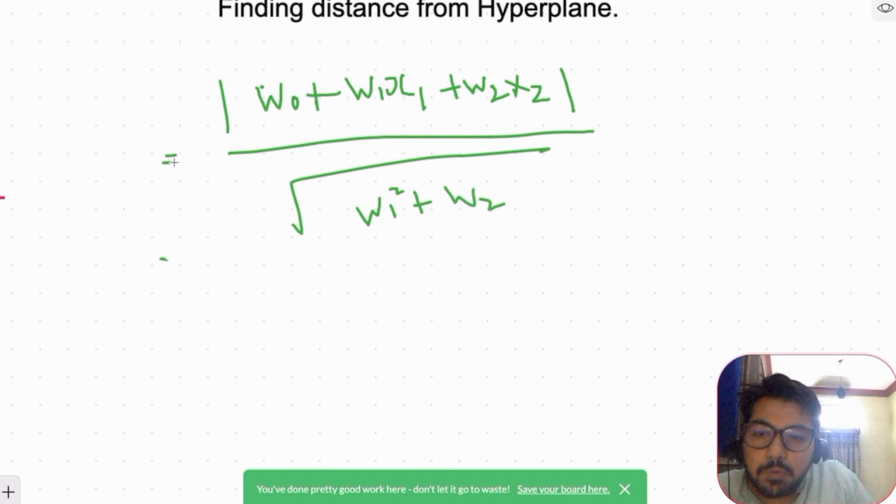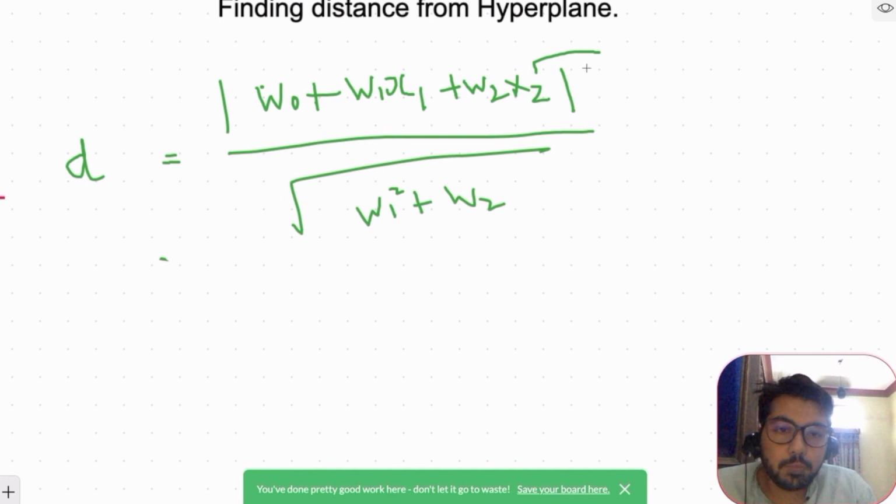This is the distance between the point and the line. If I transform this equation, this is the magnitude; basically, I am calculating the magnitude of the numerator.